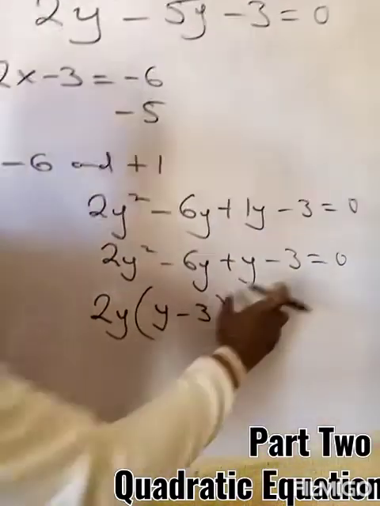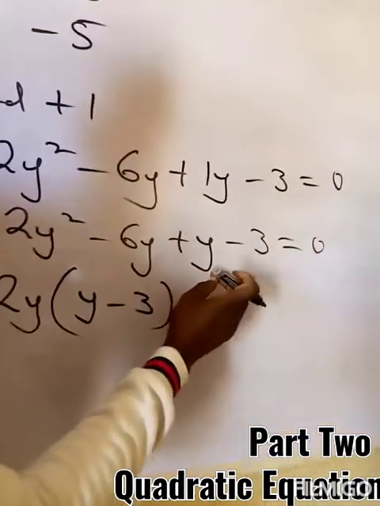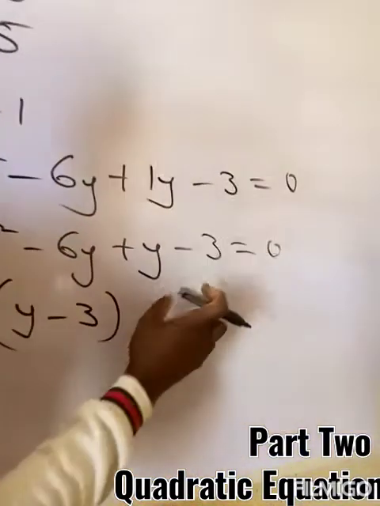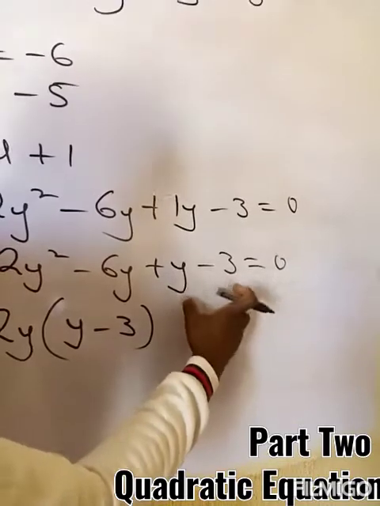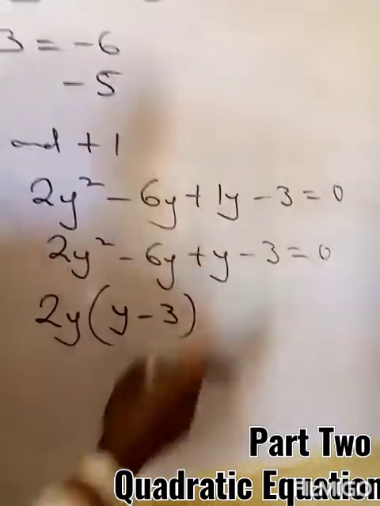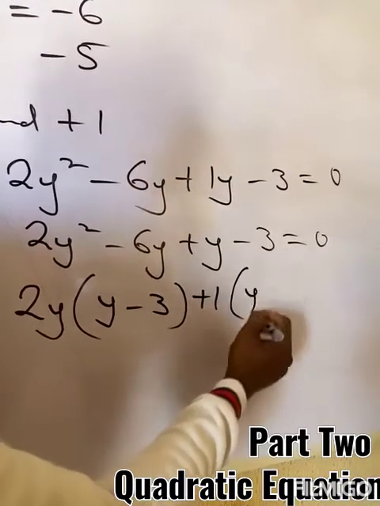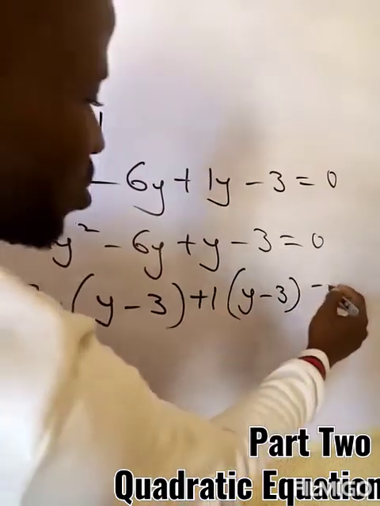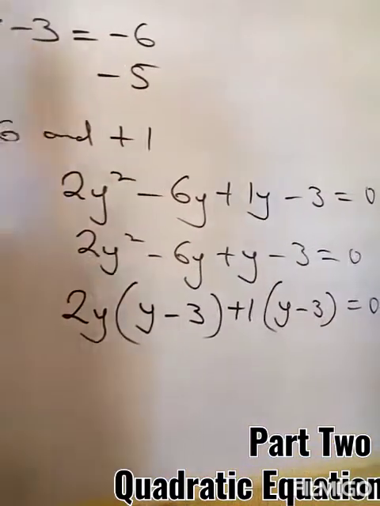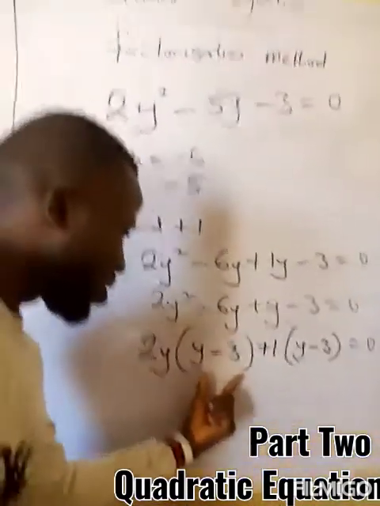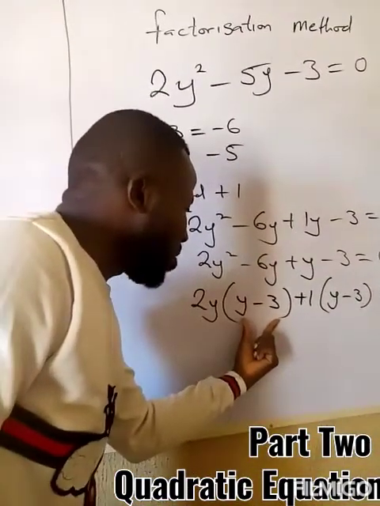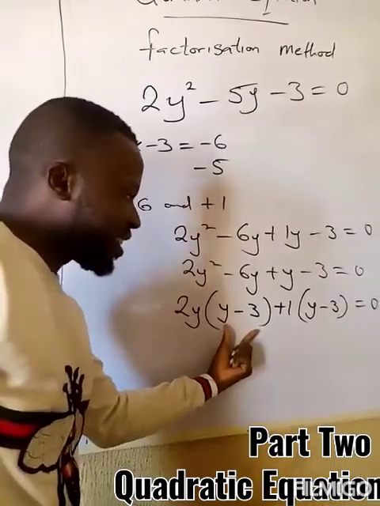And by checking the last two terms, 1 is common to both of them. Therefore, we can write plus 1 times y minus 3 equals 0.